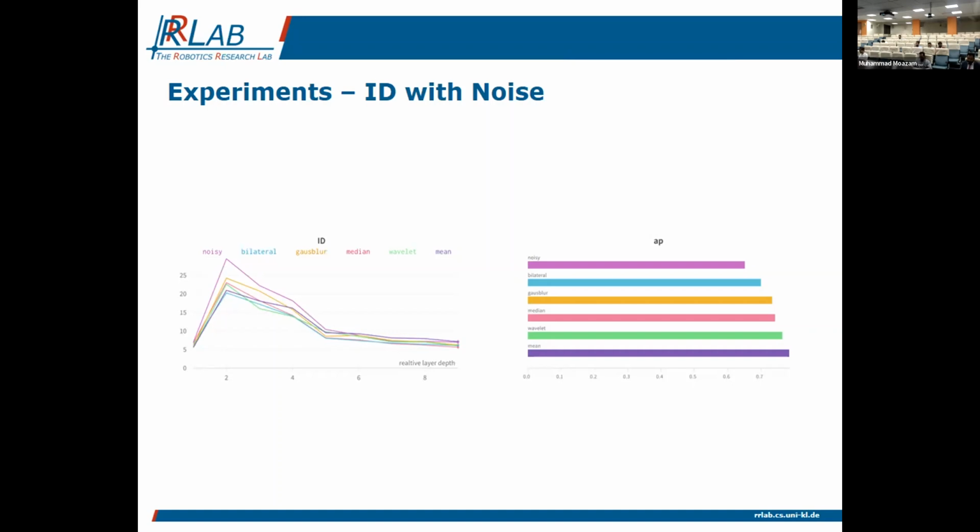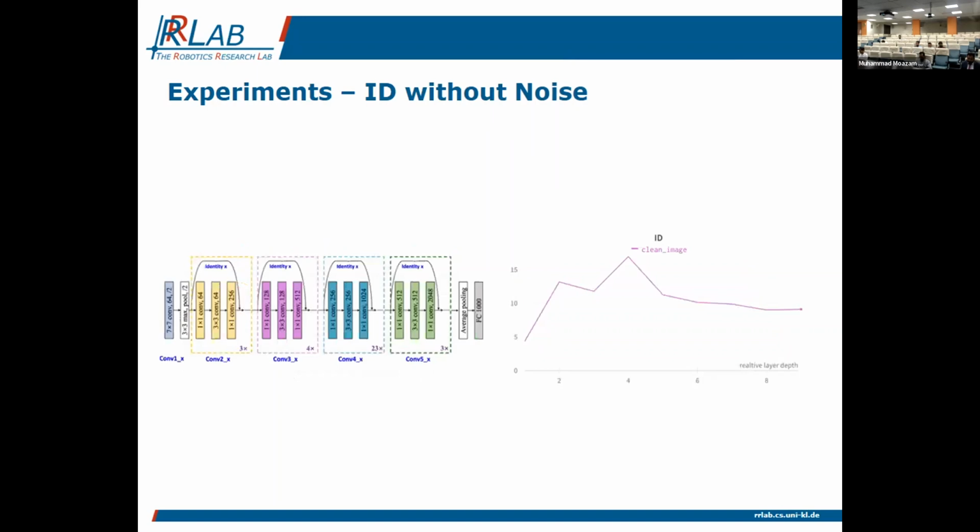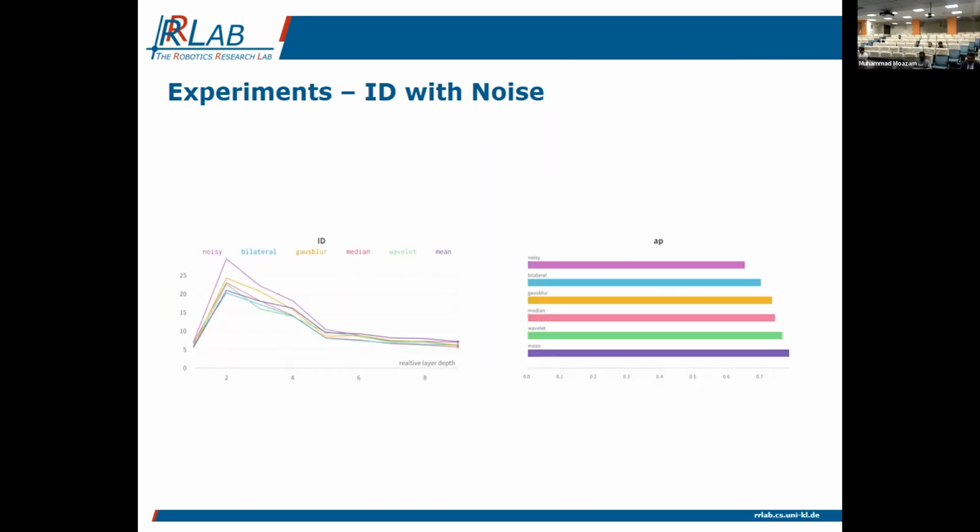And if we look back to the original one, at layer 4, for example, we are roughly at 15. And we could recover a lot of that performance in the intrinsic dimension of the data set with this filtering approach.